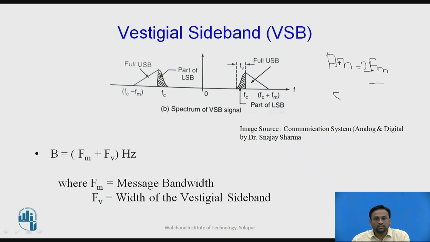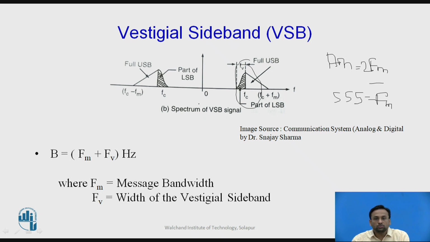For SSB there is a reduction in the bandwidth, only one is used. In the same manner, here one full sideband is transmitted and only the half part of the LSB is sent.